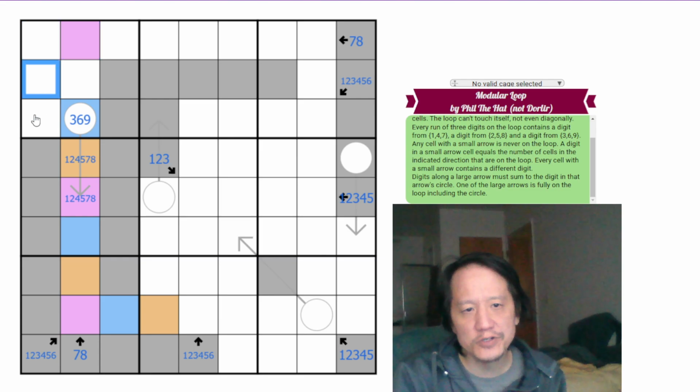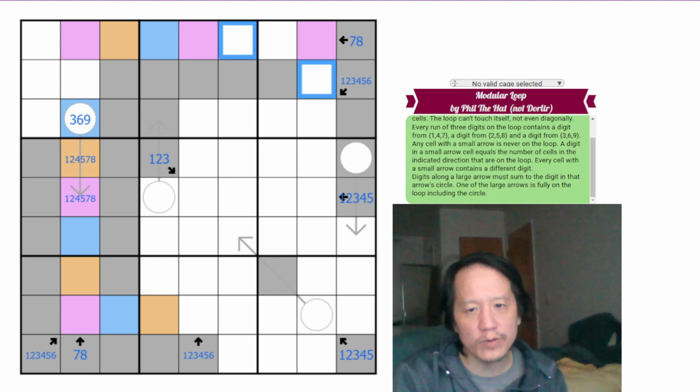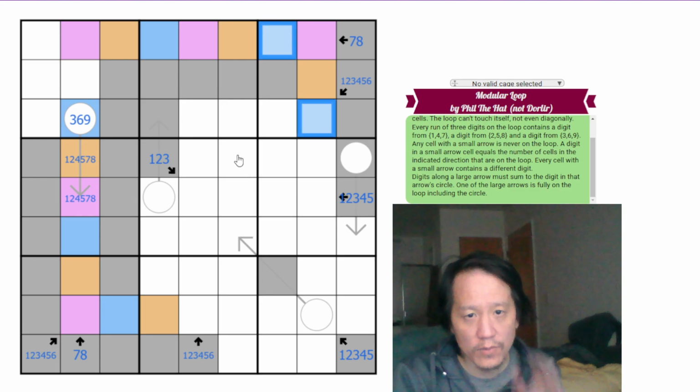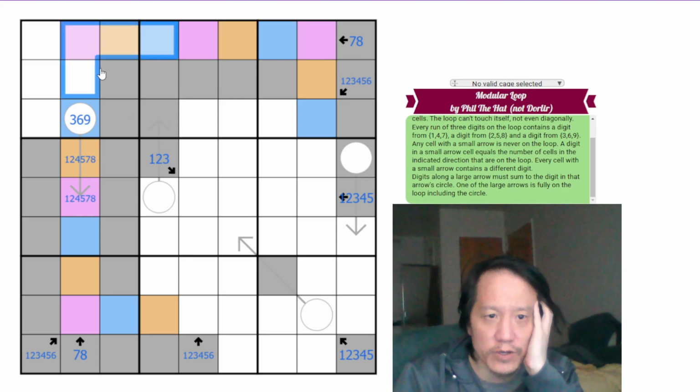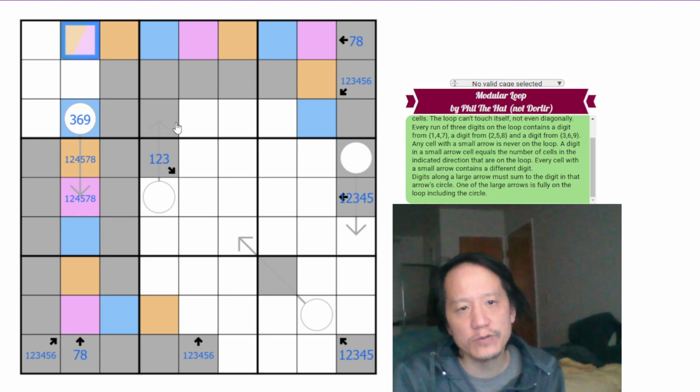Pink, blue, orange, pink, blue, orange, pink. So this would be orange, blue. These would be pink. These would be orange. And these would be blue. If it goes this way, this would have to be pink. This would be orange. So this could be orange. And then this would be blue.